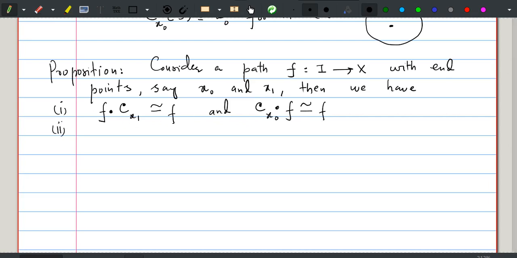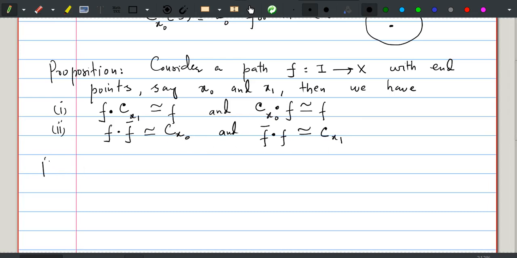Second item: f product with its inverse is homotopic to the constant path c sub x naught, and f inverse product with f is homotopic to the constant path c sub x1.